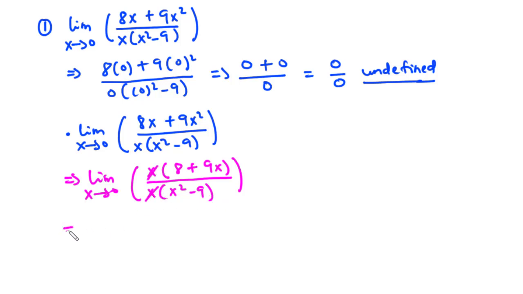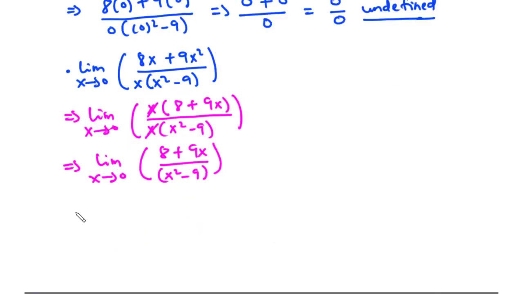So the limit reduces to the limit as x approaches 0 of 8 plus 9x divided by x squared minus 9. Now we can plug in the value 0 into this function. So let's do that.